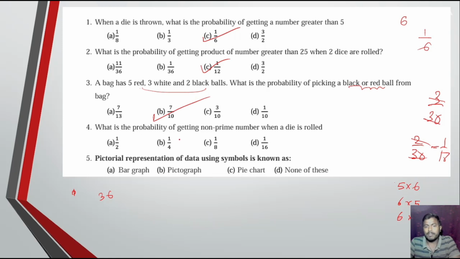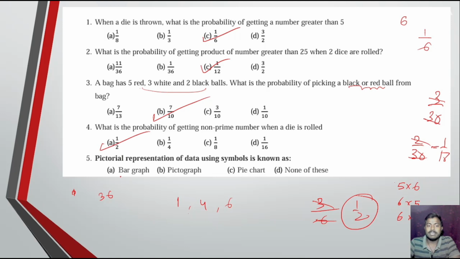Next, what is the probability of getting a non-prime when the die is rolled? Non-prime numbers are 1, 4 and 6. There are 3 non-prime numbers. So 3 by 6, so 1 by 2 is the correct answer.